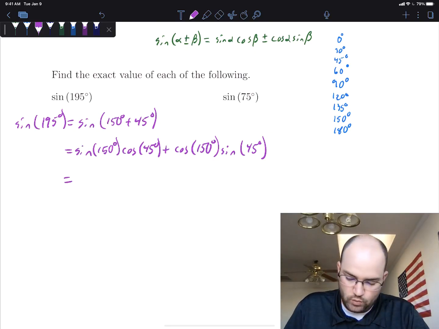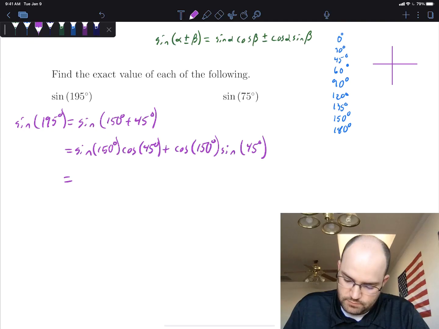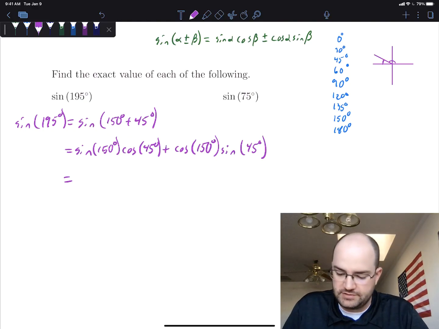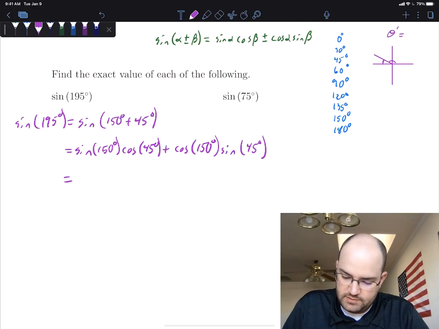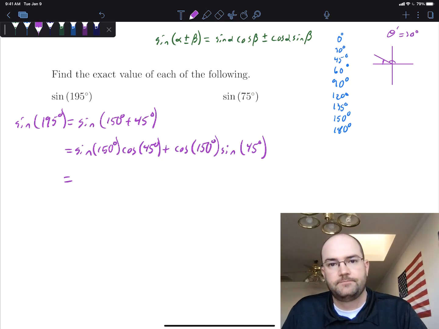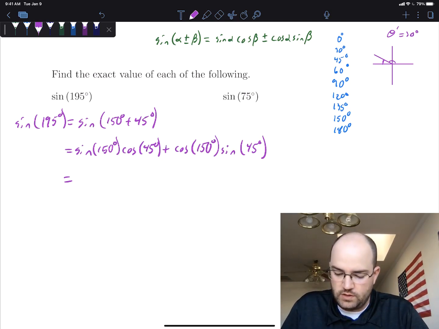Now, to do that, 150, if you were to put this in like this, there we go, that's 150. The reference angle is therefore 30 degrees. So theta prime is 30 degrees. And notice that we're in the second quadrant, so only sine is positive in the second quadrant.